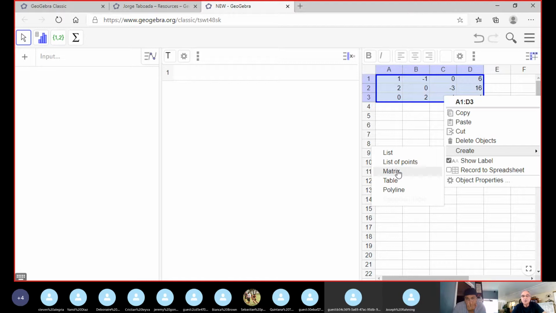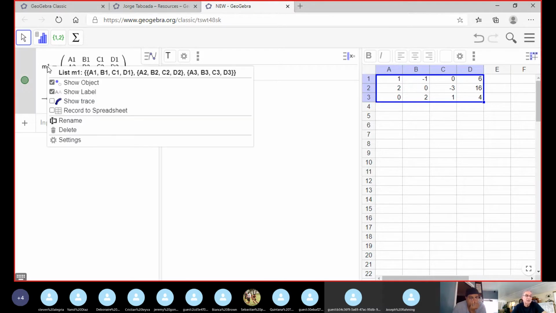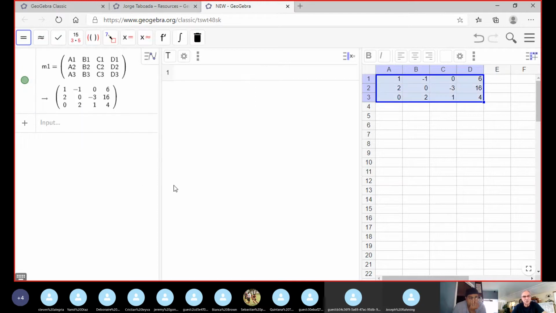Automatically, boom, in the algebra view you can see your matrix. By default, the name is M1. If you want to change the name, you can: right click on the name and rename it with another letter. But it's okay. M1, M2, M3, or M4.